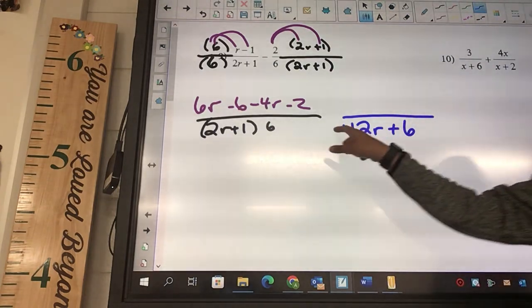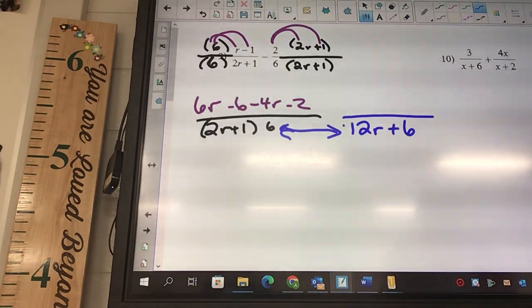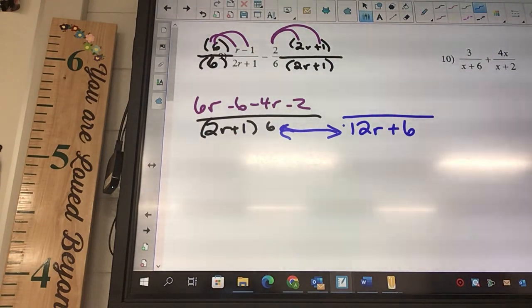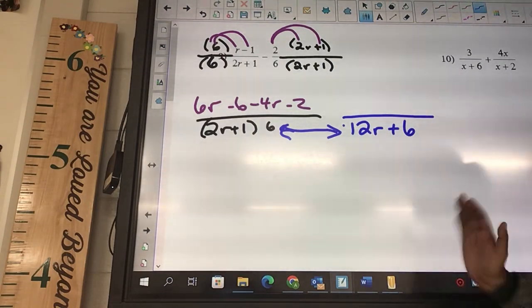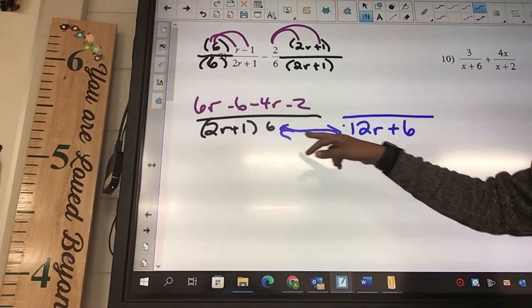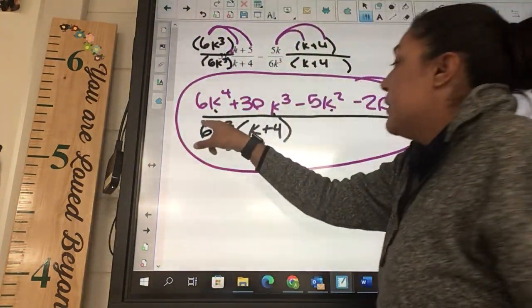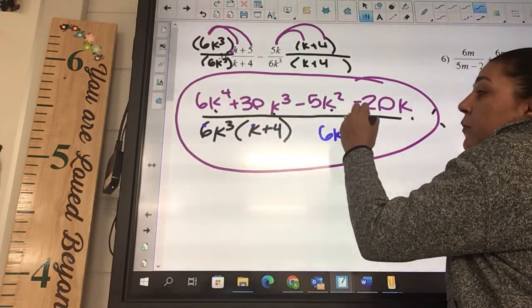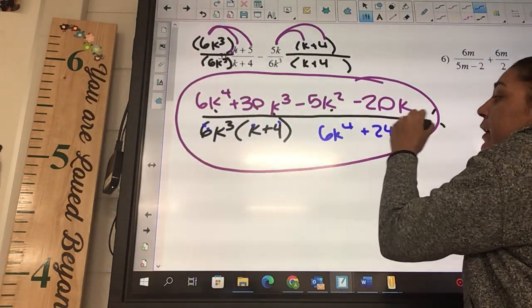This bottom is the same as this bottom. It just simplified. This is the exact same bottom. We have to simplify them. Not today, but I want you guys to know that's what we're going to do. So this is the same thing here on this one. 6 times 1 is 6, and then we add the k, so you get k4. 6 times 4 is 24, k3.